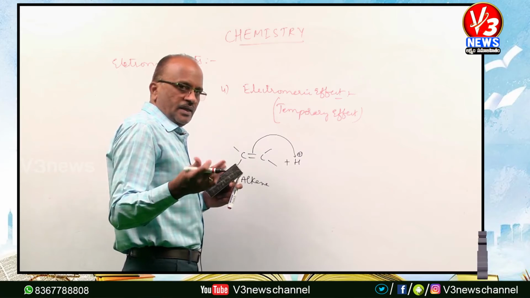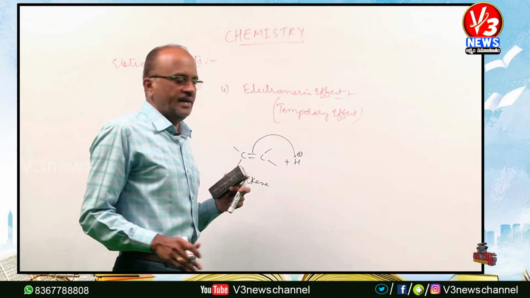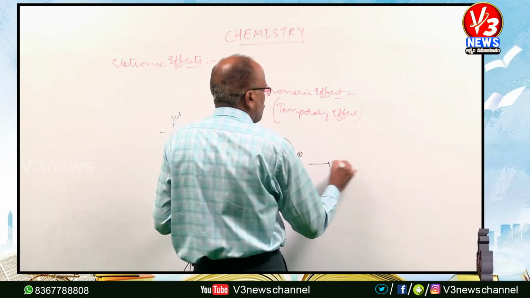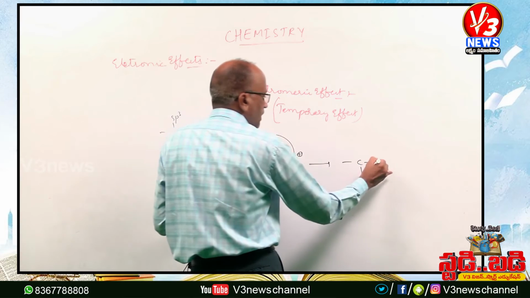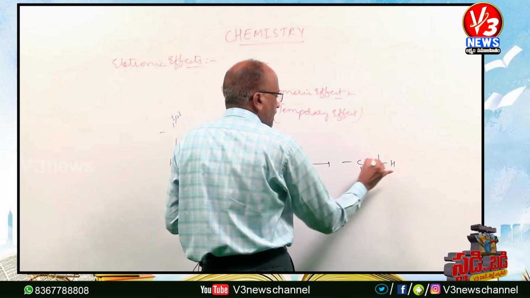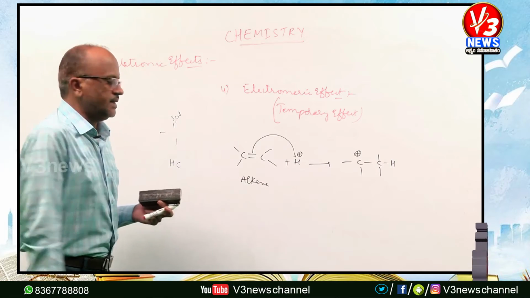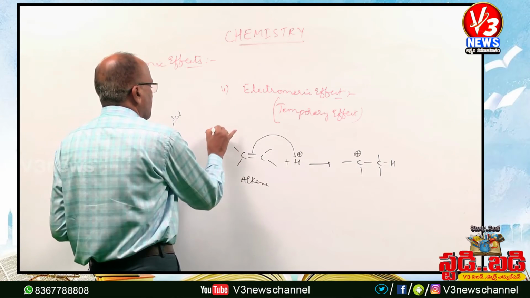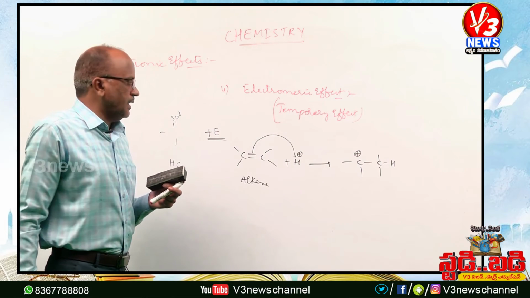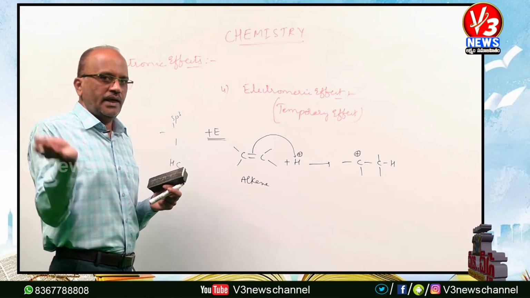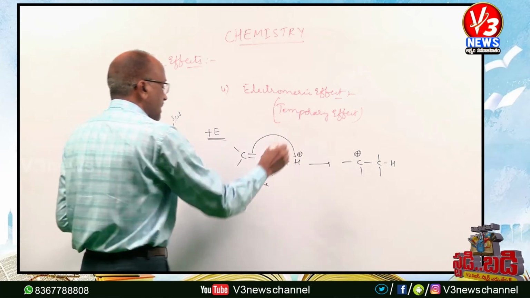If the electron pair is shifted towards the attacking agent, then it is called the plus electromeric effect. Here this hydrogen forms a bond by taking the electron pair, then the other carbon becomes positively charged. This effect is called the plus E effect.